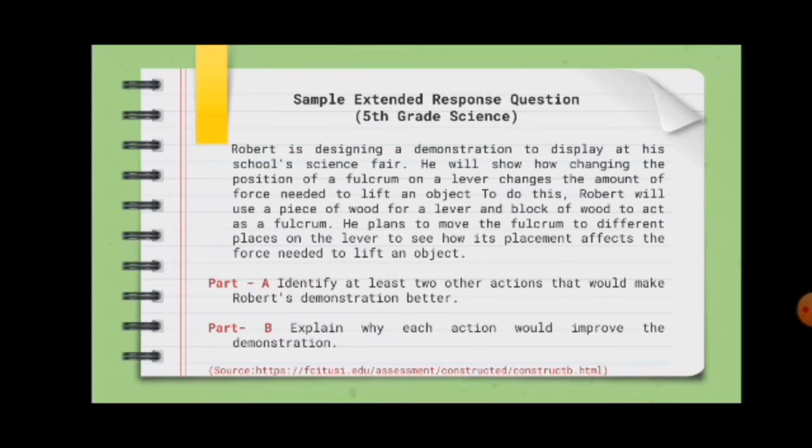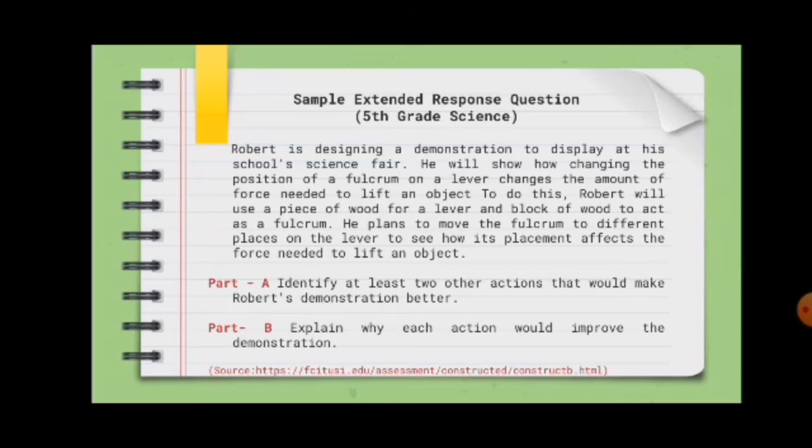So here is a sample extended response question from 5th grade science. Robert designed a demonstration to display at his school science fair. He will show how changing the position of the fulcrum on a lever changes the amount of force needed to lift an object.